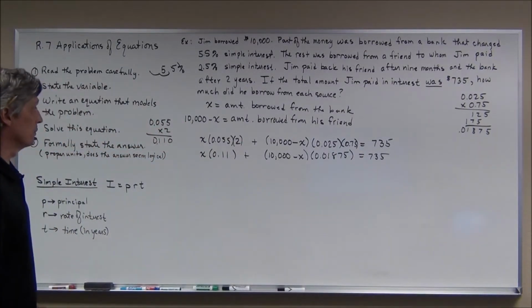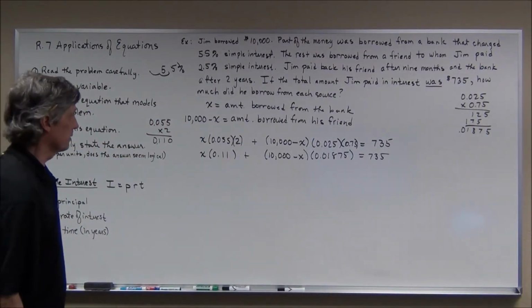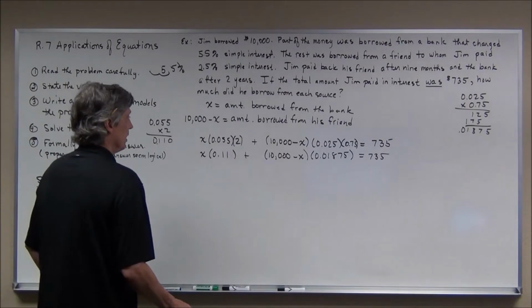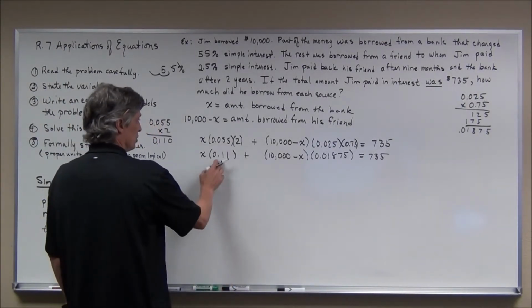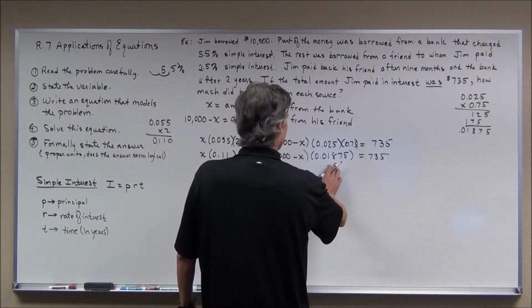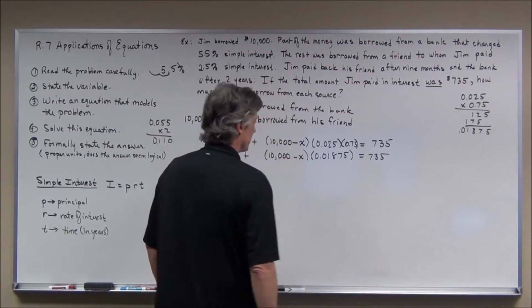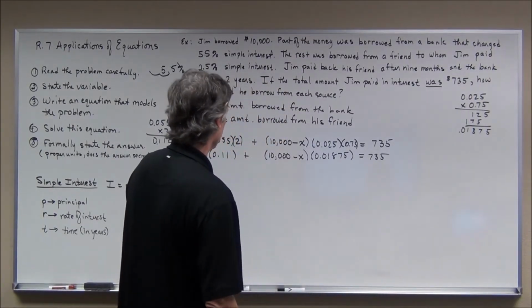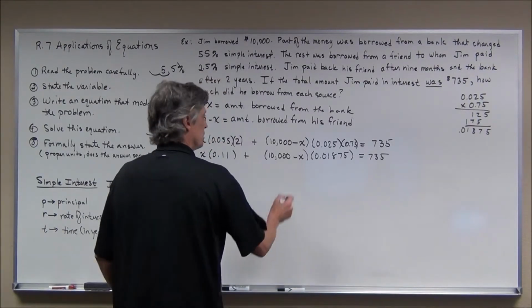That's a lot of decimal places, so let's see what we can do to maybe simplify this just a little bit. 2 decimal places here. And that's 5 decimal places. I don't know if I want to multiply through by 100,000. Let's distribute.